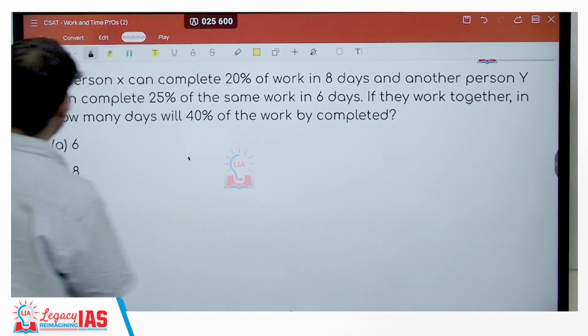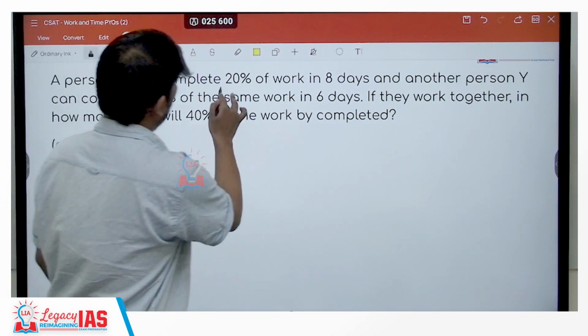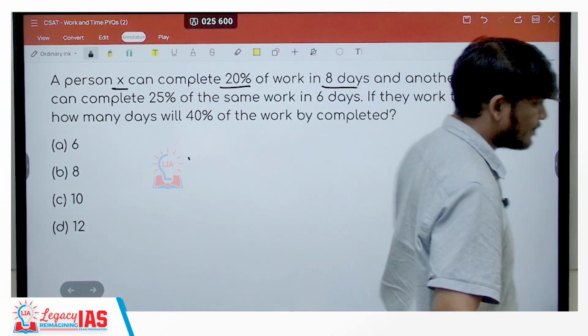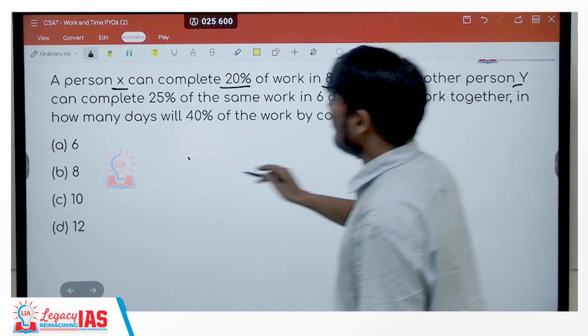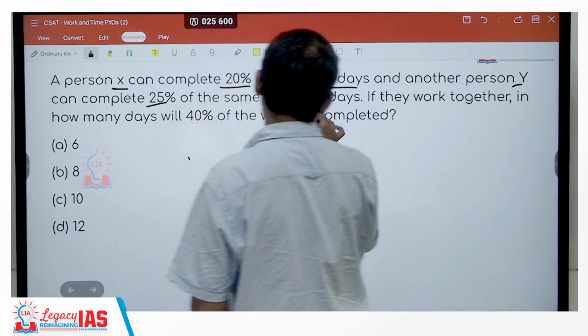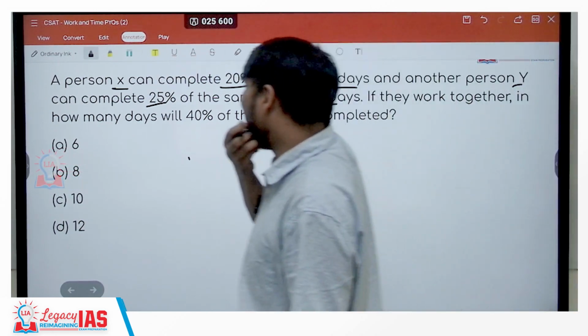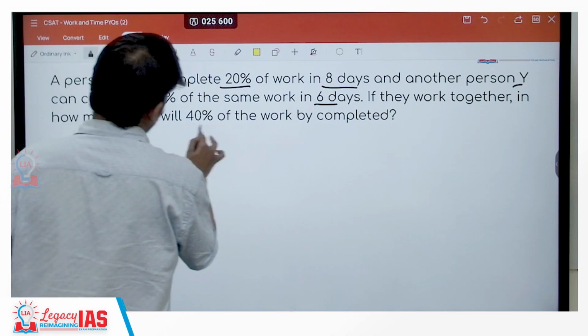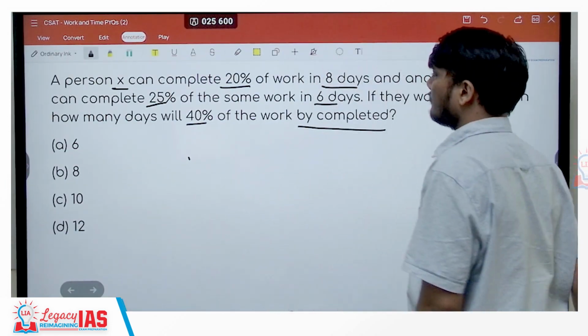The next question says that, again converting English into mathematics, a person X can complete 20% of the work in 8 days. And another person Y can complete 25% of the work in 6 days. If they work together, how many days will 40% of the work be completed by?